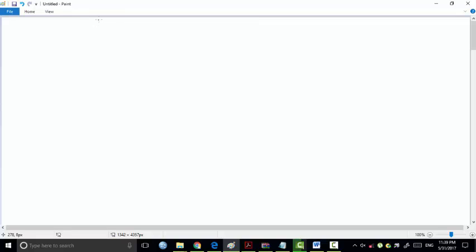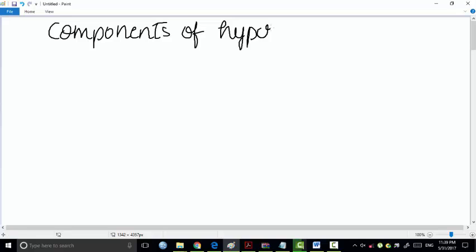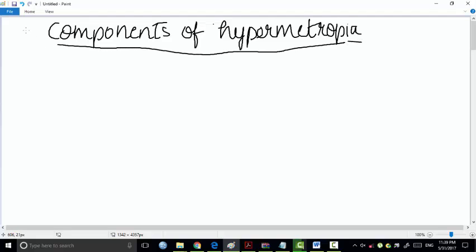So now coming to components of hypermetropia. What are the different components of hypermetropia which are to be known? What is the first component of hypermetropia?